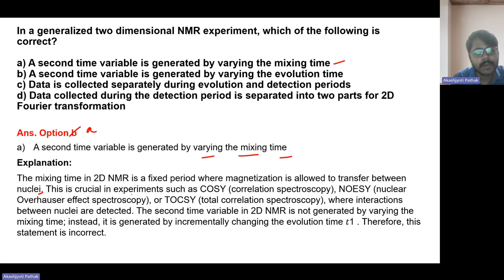This is crucial in experiments such as COSY, correlation spectroscopy, NOESY, nuclear Overhauser effect spectroscopy, or TOCSY, total correlation spectroscopy, when interactions between nuclei are detected. The second time variable in 2D NMR is not generated by varying the mixing time. Instead, it is generated by incrementally changing the evolution time T1. Therefore, this statement is incorrect.